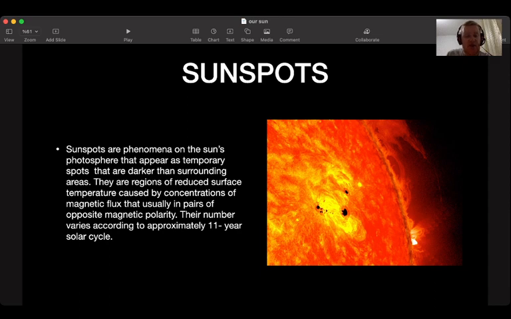They are regions of reduced surface temperature caused by concentrations of magnetic flux, usually in pairs of opposite magnetic polarity. Their number varies according to an approximately 11-year solar cycle. So every 11 years the number of sunspots on the sun's surface does vary.